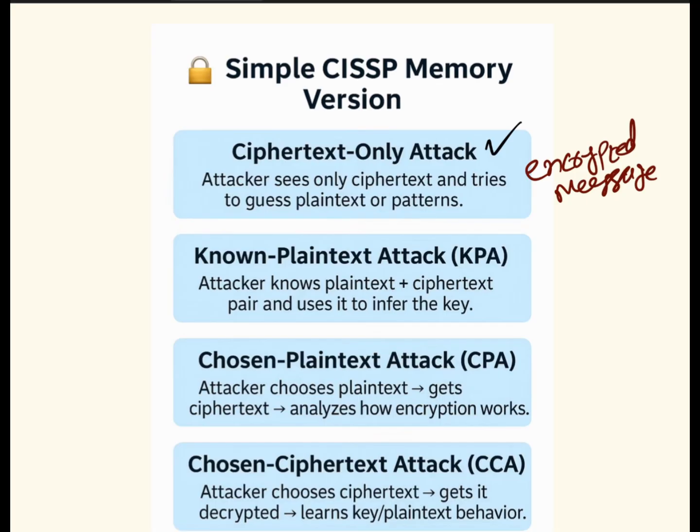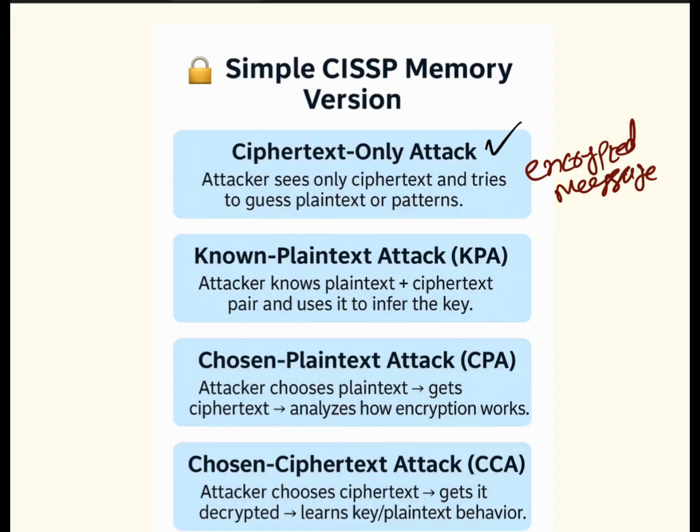So now let me explain you a layman example. For instance, the attacker is trying to guess the message just by looking at the scrambled text. The attacker is just trying to guess the message only looking at this encrypted message. So for example, the attacker is standing outside a bank and looking at the building.